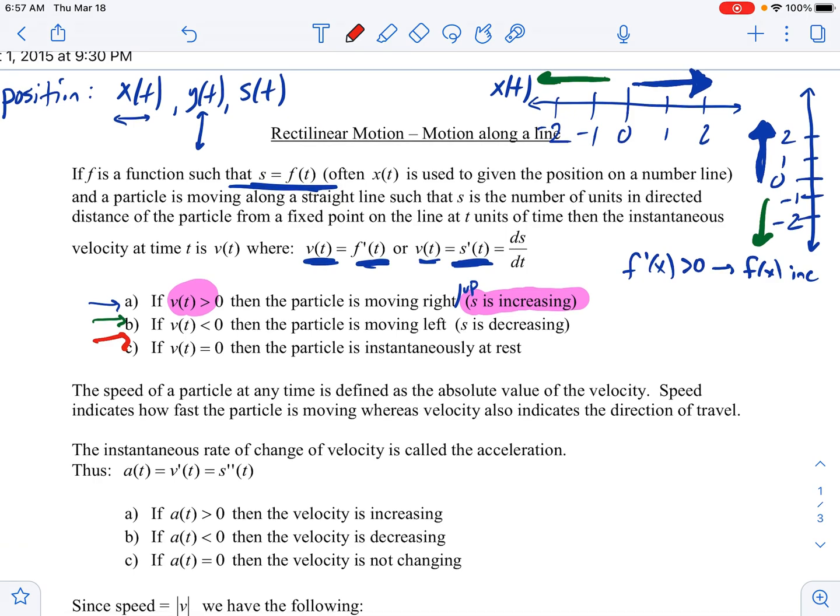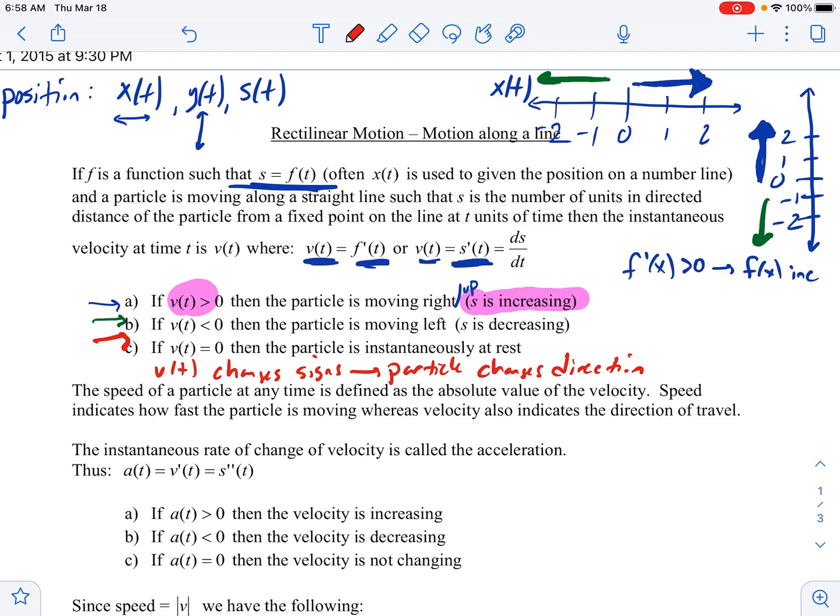Just be careful if v of t changes signs, okay, then the particle is changing directions. Okay, and try to understand why velocity is the derivative of position. I mean, if we're measuring position in, say, meters, you know, we might have a velocity that's like, you know, in meters per second. It's the rate of change of your position, okay, and that's your velocity.